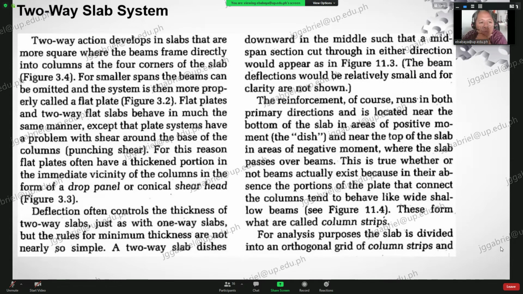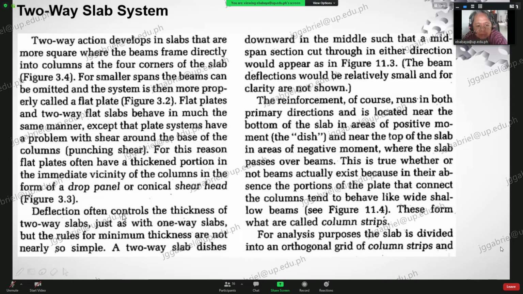Now, for two-way bars, it says two-way action develops in slabs that are more square, where the beams frame directly into columns at the four corners of the slab. So we will not be discussing this anymore. Yung detail, no?